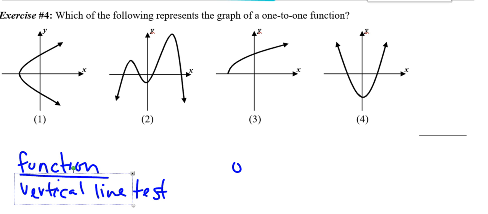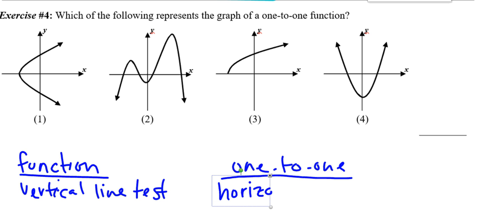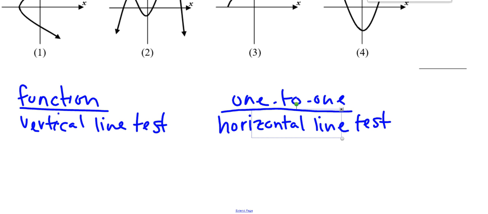And if we're looking for something that's 1-to-1, it not only has to pass the vertical line test, but it also has to pass the horizontal line test. So to identify if it's a function, we use the vertical line test. If it's a 1-to-1, we use the horizontal line test plus the vertical line test.